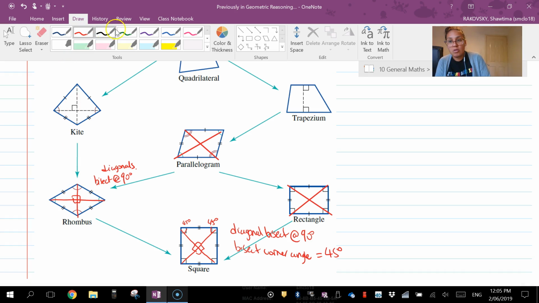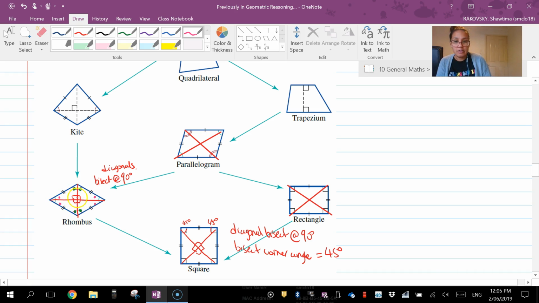I'm going to color code them: this angle is the same as this one, which means that this one is the same as this one. And this one here, let's give it a pink color. This angle is the same size as this one and these ones.